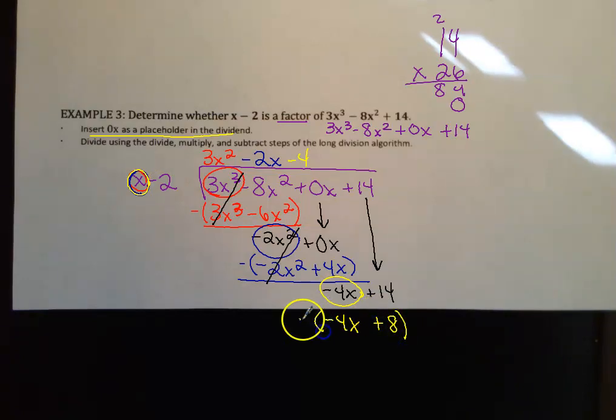All right, and I'm going to subtract this quantity. So negative 4x minus negative 4x cancels. 14 minus 8 is 6. So we have a remainder this time. So this is remainder 6.